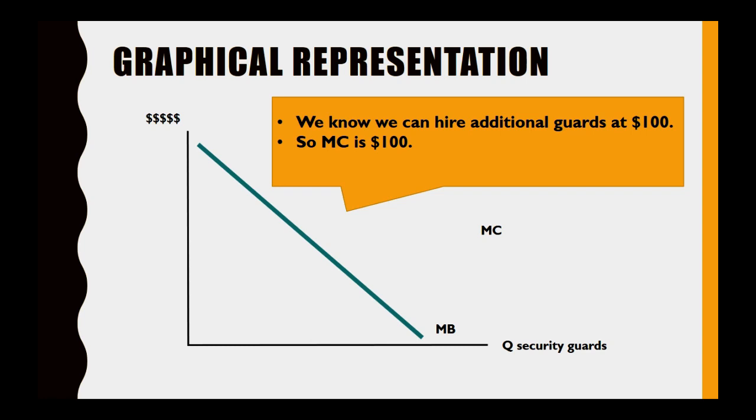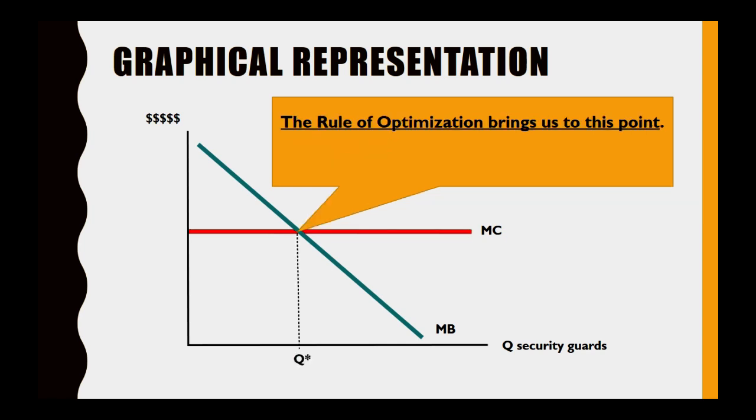So how would I draw that on my graph? Everyone draw it in the air for me. How would I draw a constant marginal cost of $100? Good. So do you agree? Mine's not necessarily to scale, but it's going to be constant.